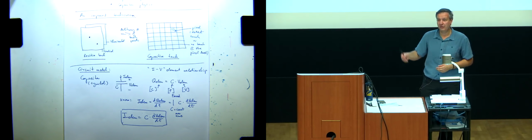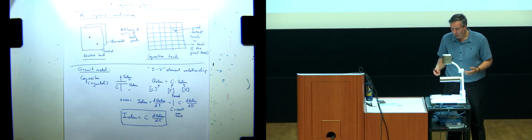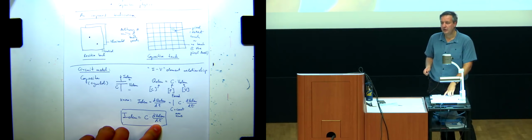I was equal to V over R, or V was equal to I times R. That was Ohm's law. In this case, the current is proportional to the derivative of the voltage, derivative in time.